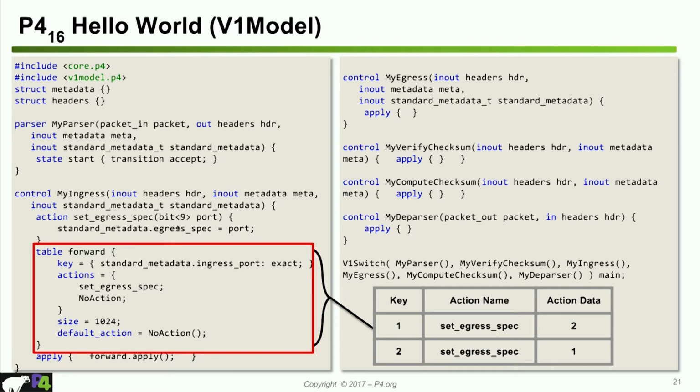The set_egress_spec action is defined here. We pass in the port. So this achieves the exact same functionality. And by defining our P4 program in this way, we achieve a more flexible design, because now these table entries can be added and removed by the control plane. So we have dynamic routing between the ports.